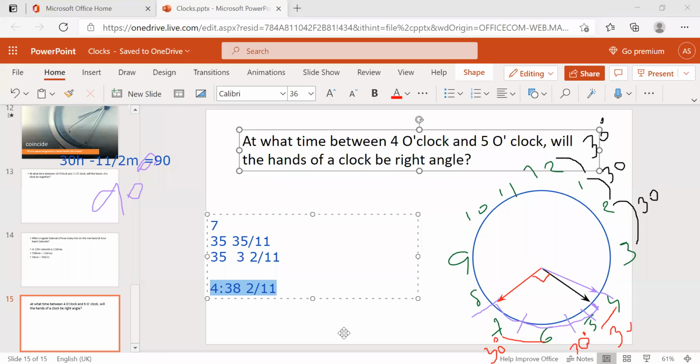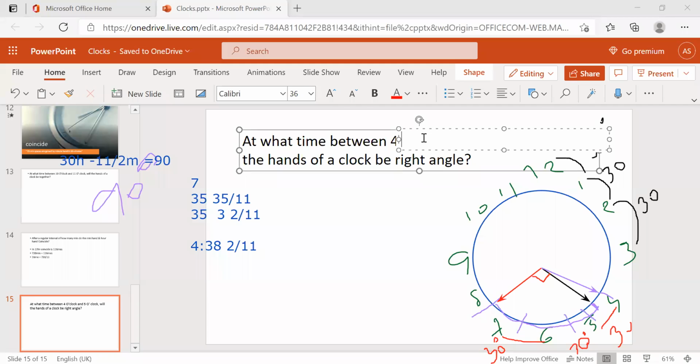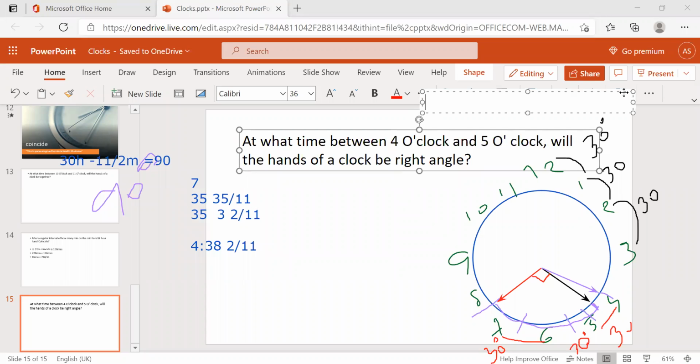Do you understand this? Guys, give a reply in the chat box. Is it clear? But how are we going to solve this? 90 degrees is a right angle, the same thing. Now we just find this out.